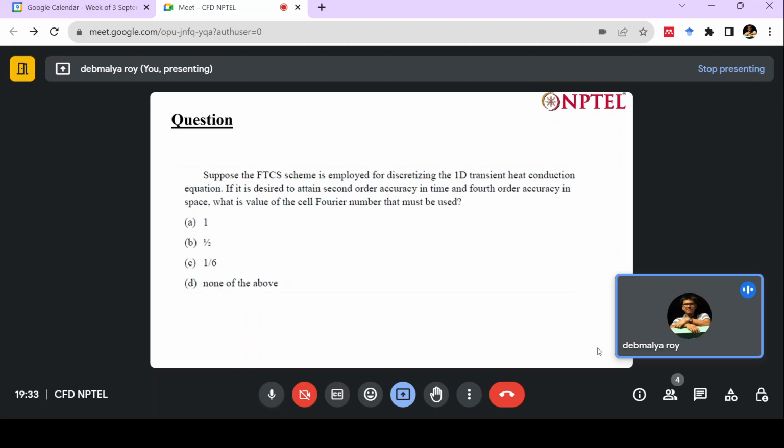Suppose the FTCS scheme is employed for discretizing the 1D transient heat conduction equation. If it is desired to attain second order accuracy in time and fourth order accuracy in space, what is the value of the Fourier number that must be used?